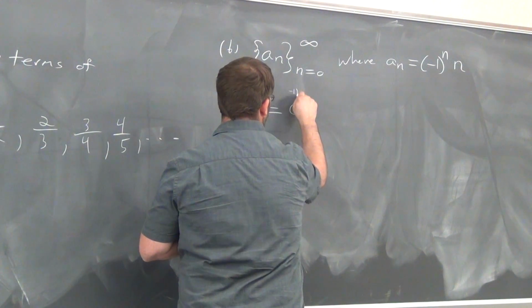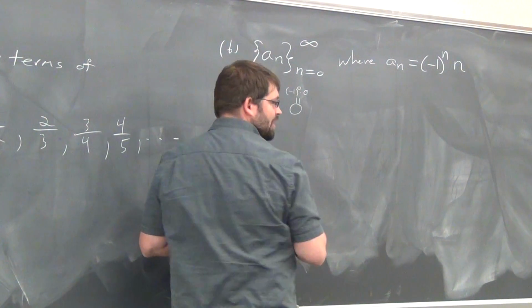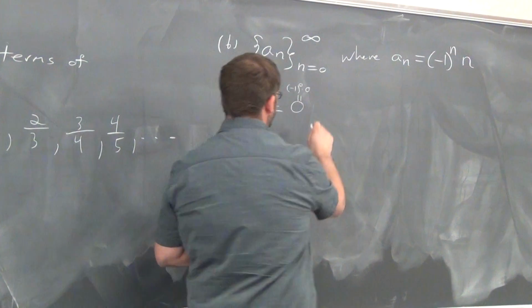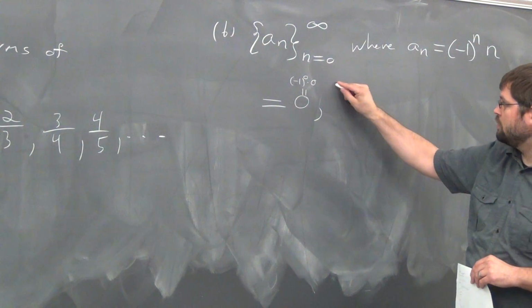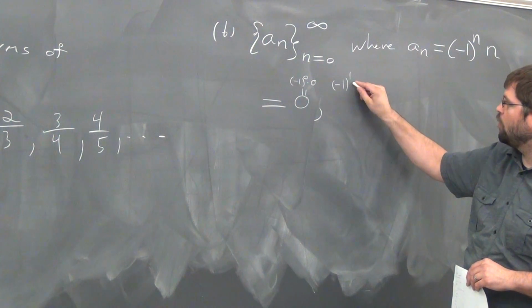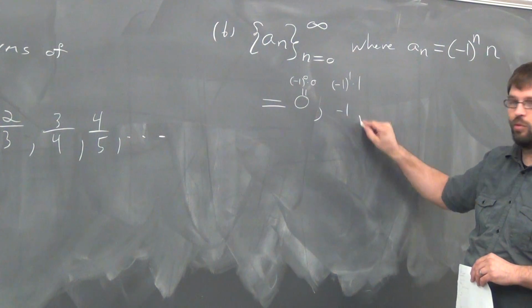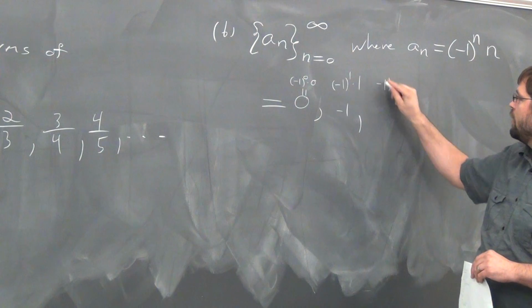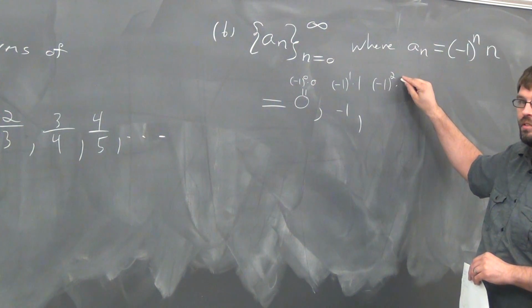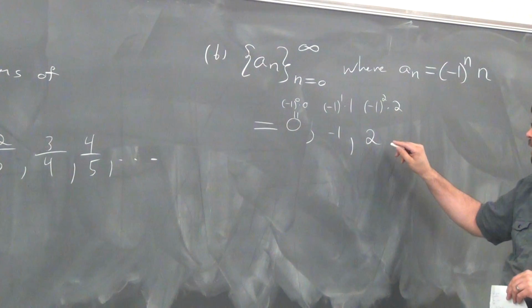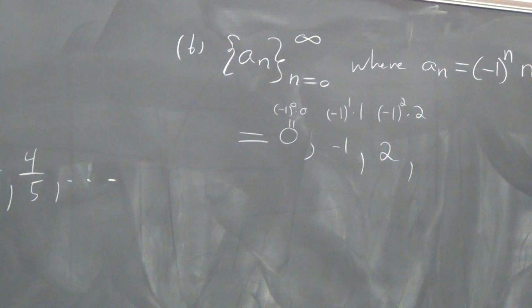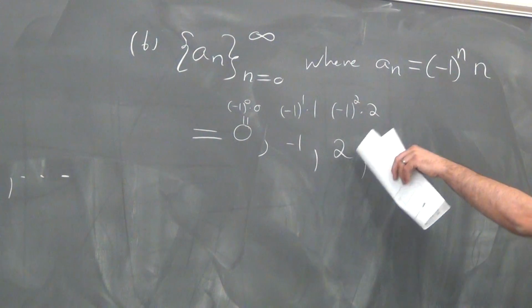Then your second term, n is 1: -1 to the 1 times 1, so that's just -1. -1 squared times 2, so positive 2. Is that okay?